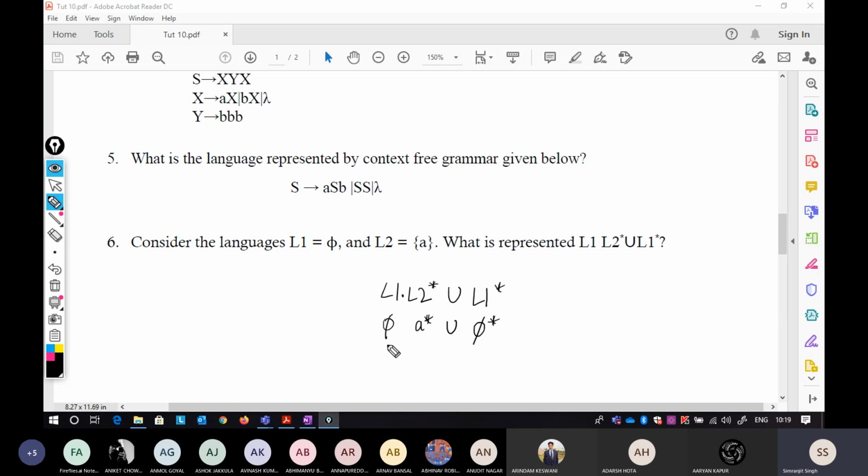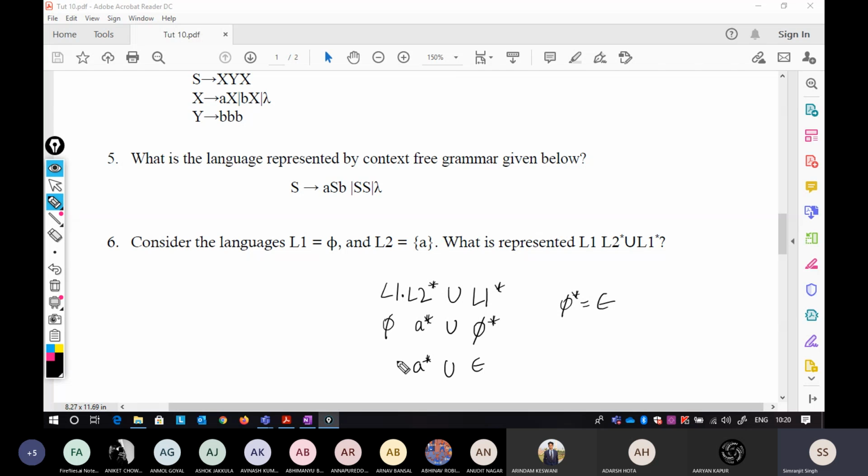Okay, so what exactly is happening here? If epsilon is raised to the power of star, it will become epsilon. If phi is raised to power of star, I already told you that is one of the most important regular expressions, it will become epsilon. So you can write this one as this, and then there is a union, and then there is a star.